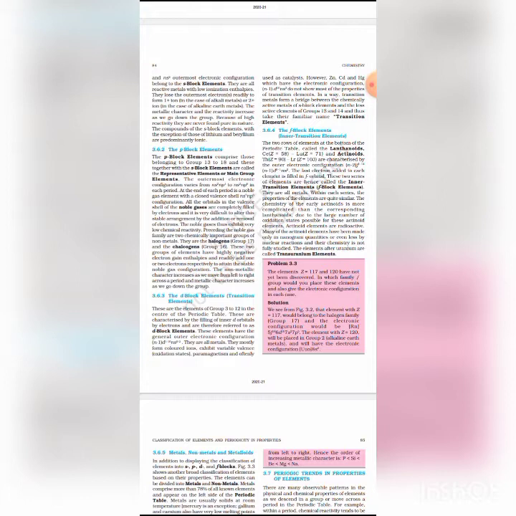They are called d block elements because their d orbitals are progressively filled. The maximum electron holding capacity of the d orbital is 10, so it is progressively filled from 1 electron to 10 electrons.